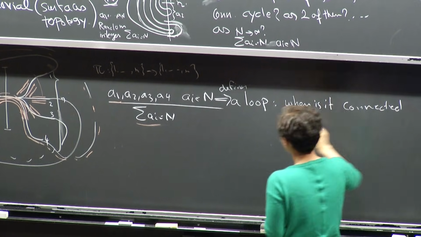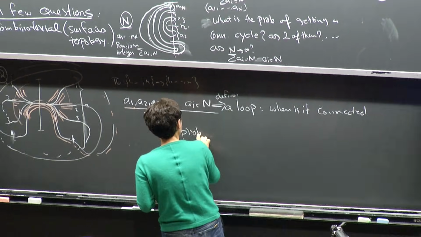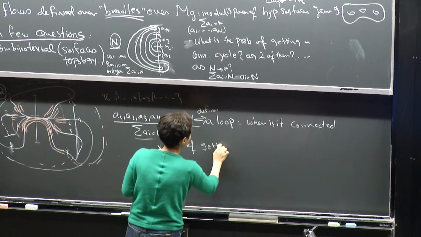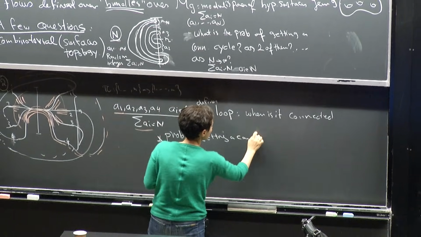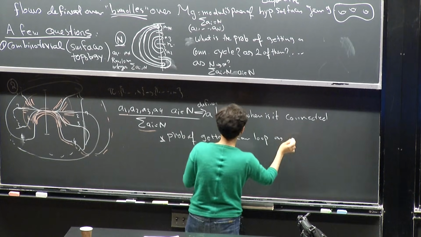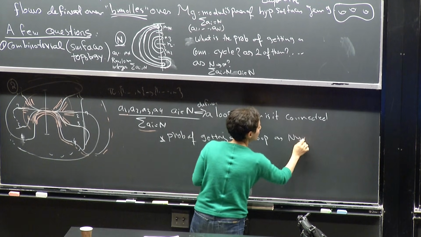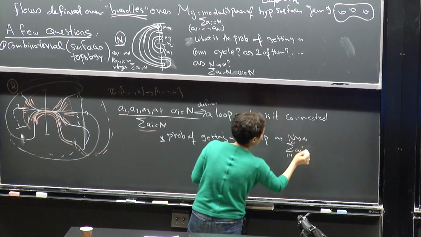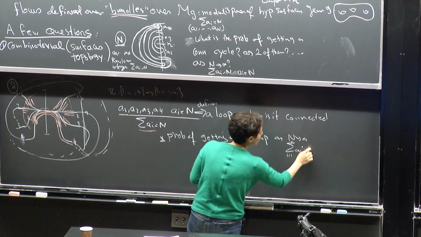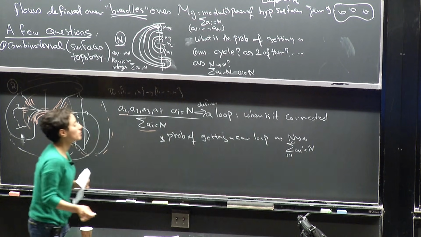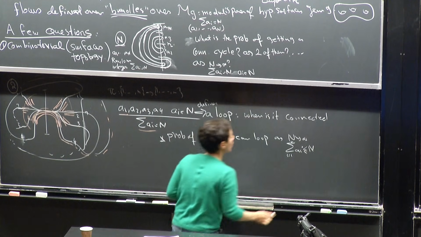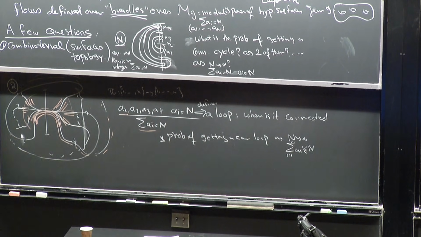Or, to be more precise, what is the probability of getting a connected loop as n goes to infinity. So maybe you choose A1 to AN integers uniformly by restricting that the sum is less than or equal to n. That's the probability of getting it.